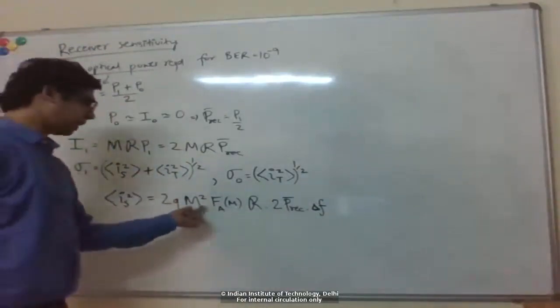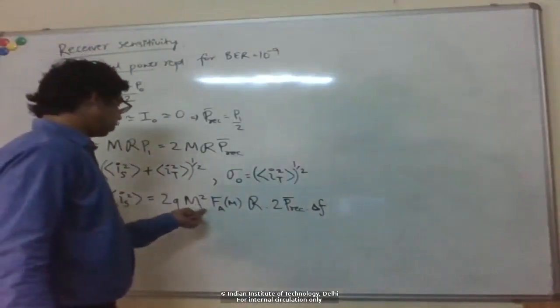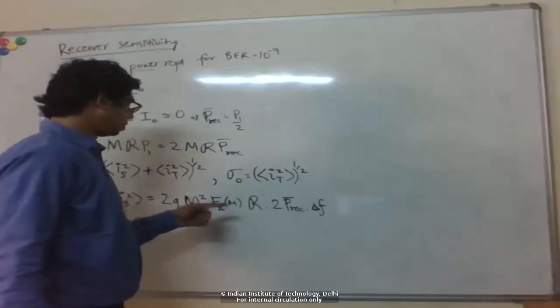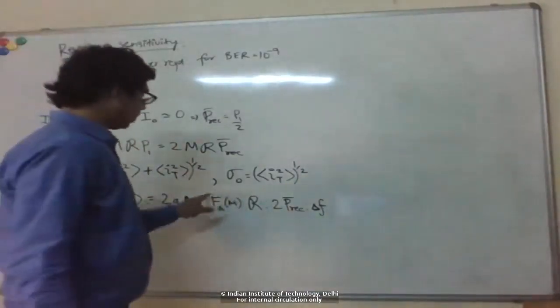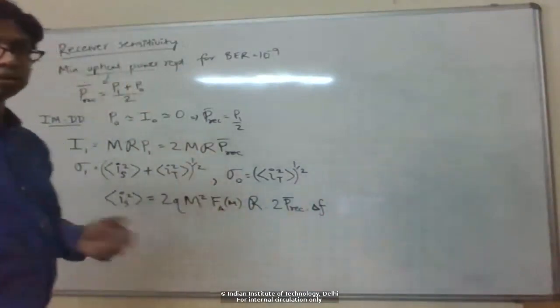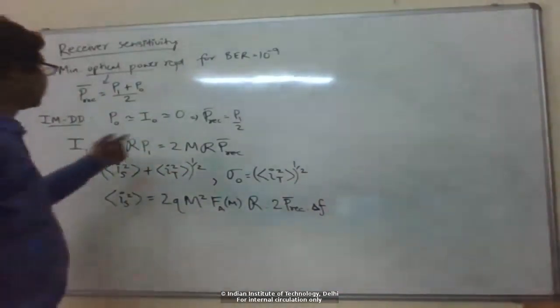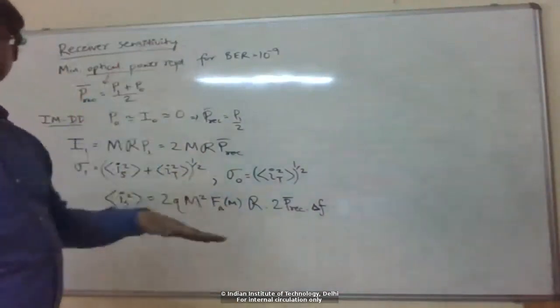So we included the factor M in general. So again, for pin photodiode you can take M equal to 1, and this was a function of M. Remember. So this F_A will also be 1 for pin, but for APD it will be some higher value. Okay, so we've neglected the dark current here because basically we are saying that for bit 1 the photocurrent I1 is much higher than the dark current.